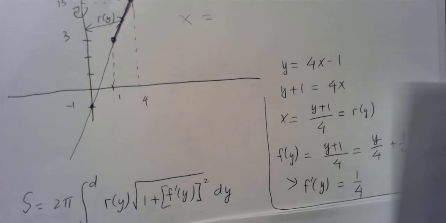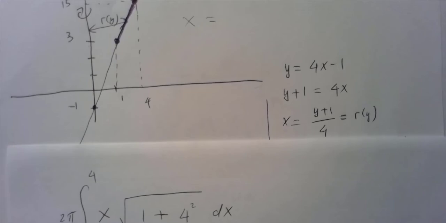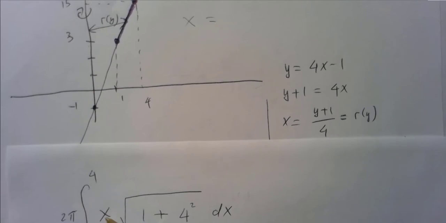Now because we are running on dx, we don't need to write x in terms of y. Therefore the radius now is just x. Before we used y plus 1 over 4 for the radius, but now it just becomes x, because this is already in the x term, which is good.